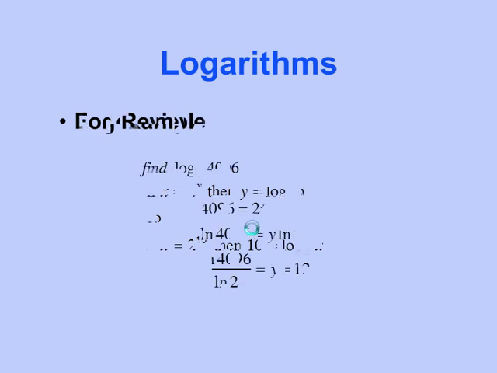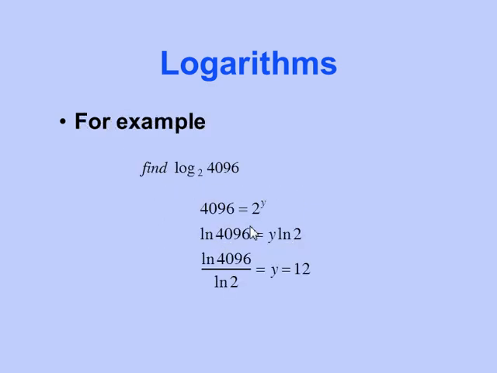But what if I want log to the base 2 of an arbitrary number? Let's say log to the base 2 of 4096. This is kind of what I was driving at before. So now I want to say, well, gee, log of 4096 is equal to y times log of 2, which is good. I solve for y, and now I have log of 4096 over log of 2, and I get a number which is like 12.